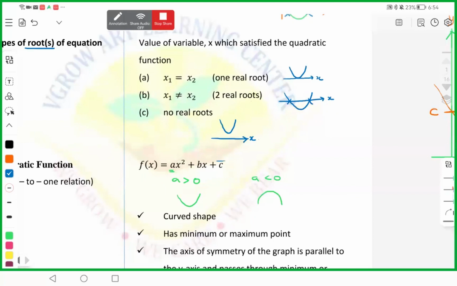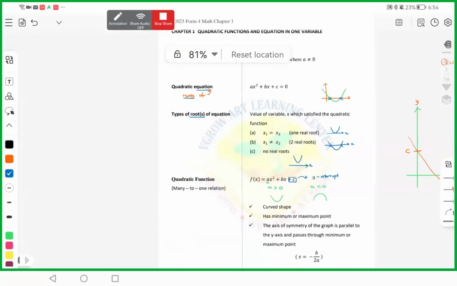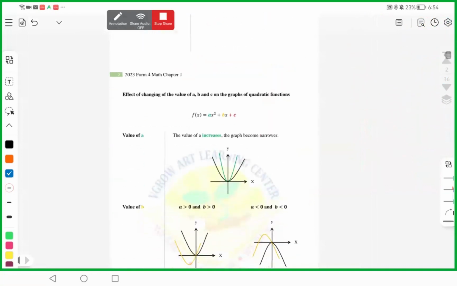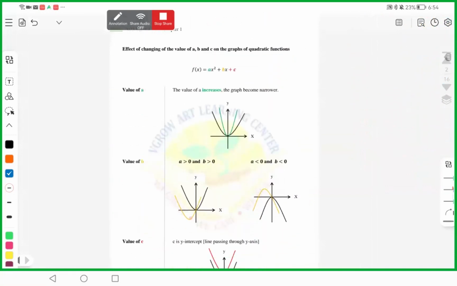Next, we also learned that the plus c at the back is actually the y-intercept. That's what we learned today. Next week we will continue to sketch the quadratic function, and also look at the position. Is it on the left? Is it on the right? And how it affects the curve.